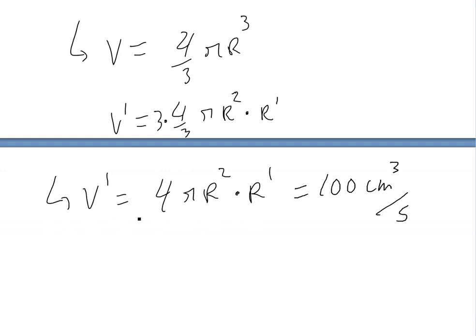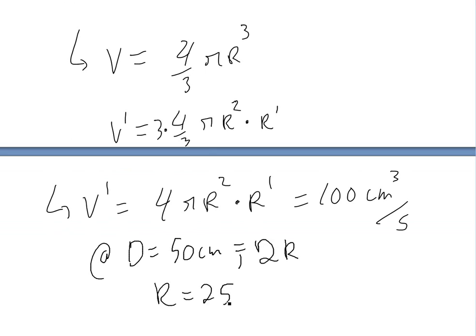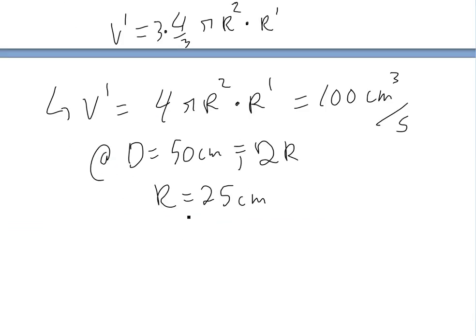Again, remember, this is rate of change versus time. So what is the rate of change of r, at d equal to 50 centimeters? That just means the diameter is 2r, so r is equal to 25 centimeters. Just make sure the units are right, so they're all centimeters here.